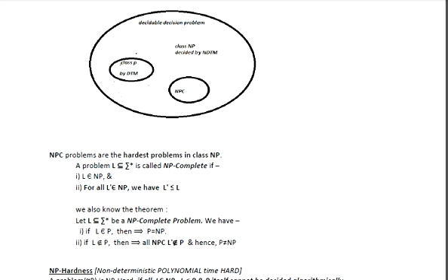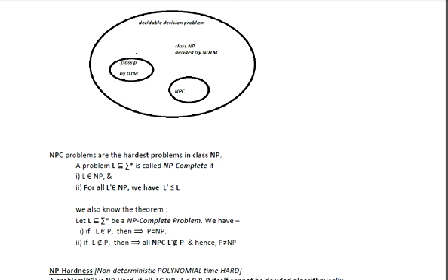And we can also say that if that NP complete problem L does not belong to class P, then no NP complete problem L prime belongs to class P. Hence it means that P is not equal to NP.